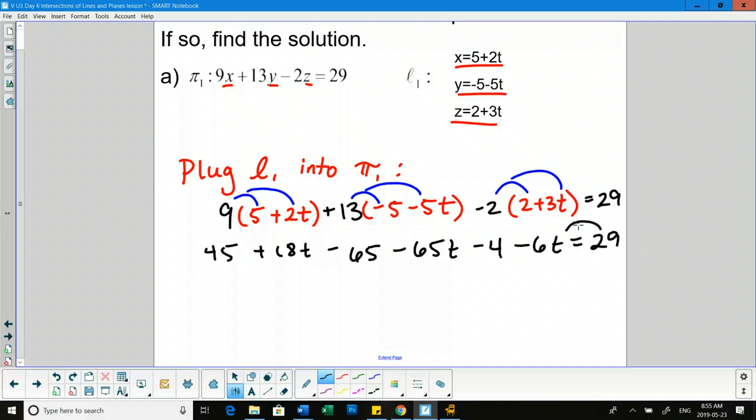Actually, I don't think we necessarily need to do that. We'll move all the constants over to the right side here, and we'll leave all the variables on the left side. So when I gather my variables, I'm getting negative 53t. And when I move these all over and simplify, I'm getting positive 53.